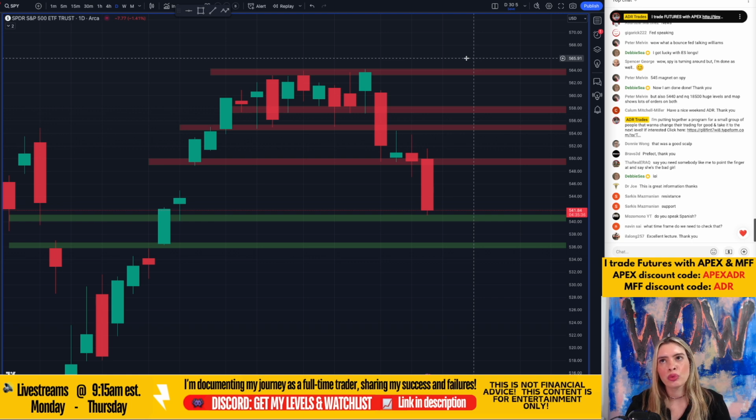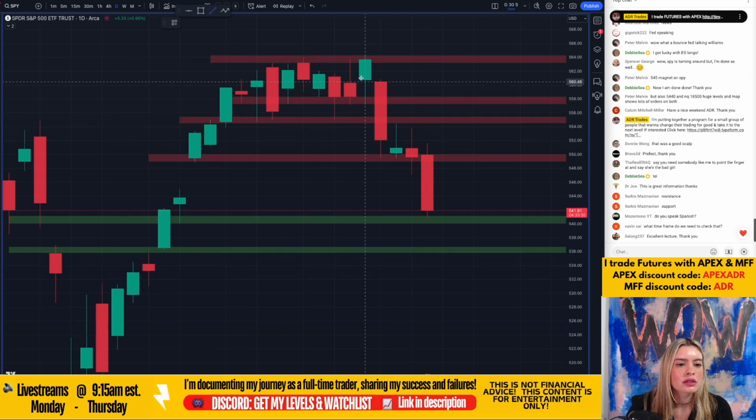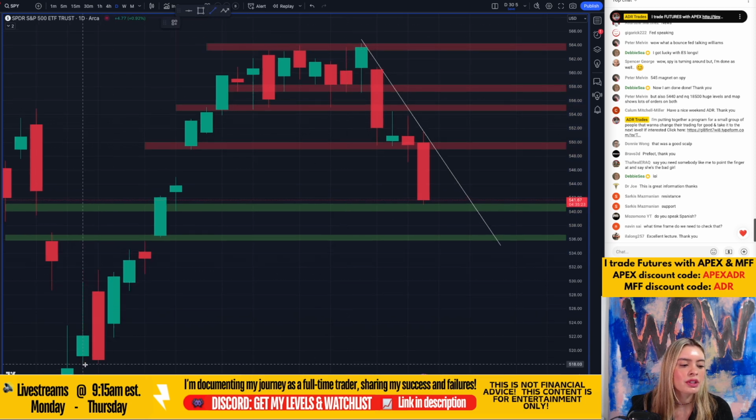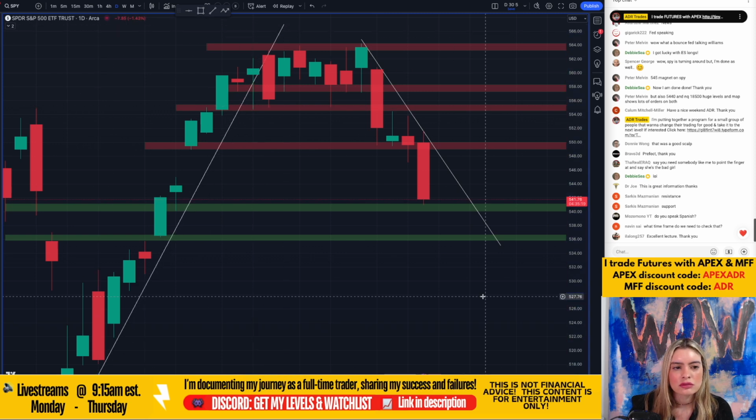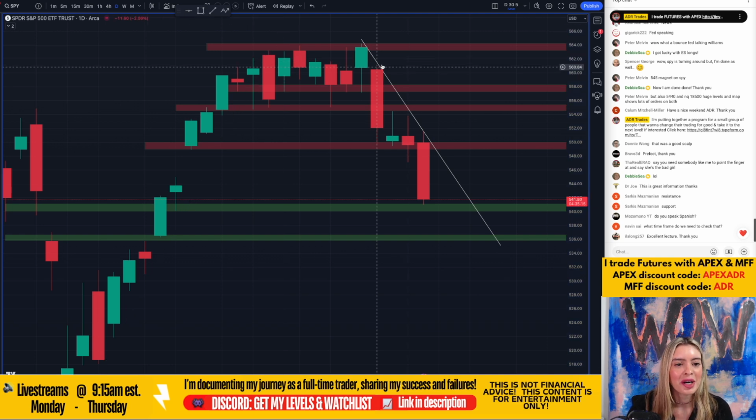And then we have a clear downtrend, which we talked about before, and a clear uptrend here. I'm gonna take this off because it looks ugly and I don't like ugly charts. But you get it. So support and resistance, very easy.